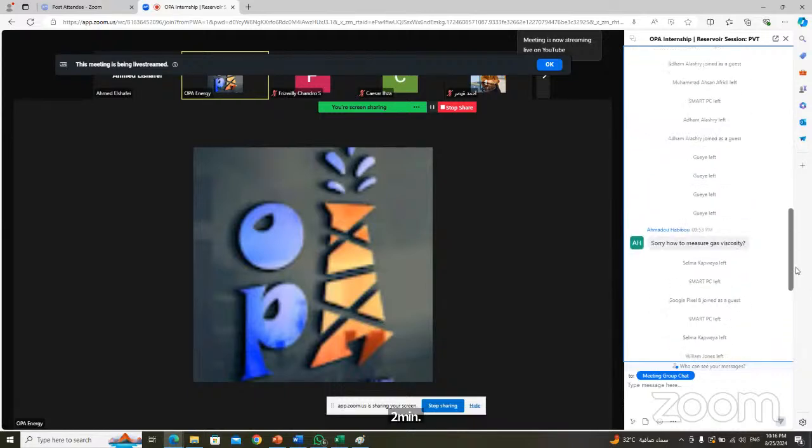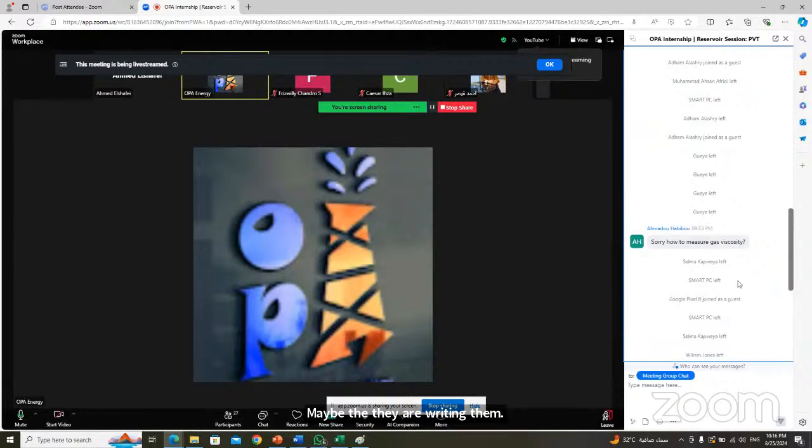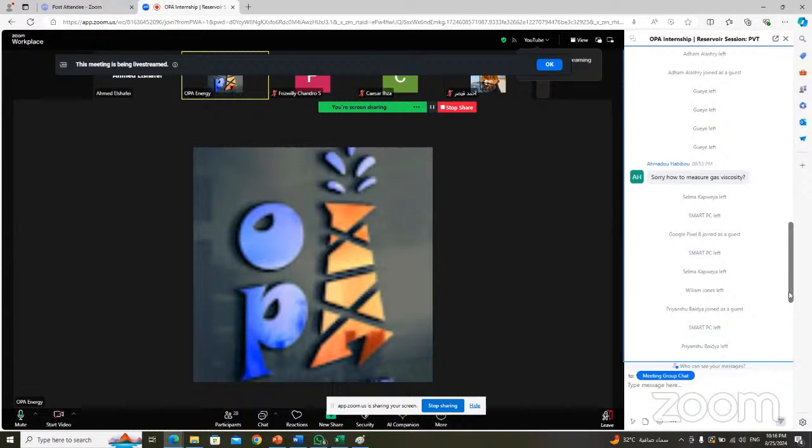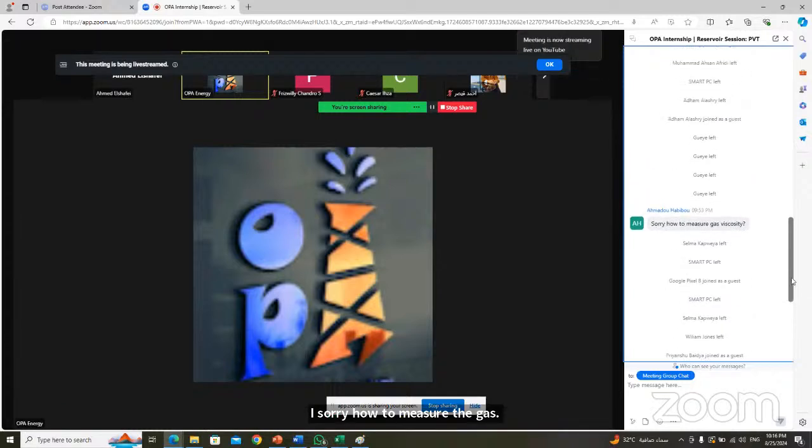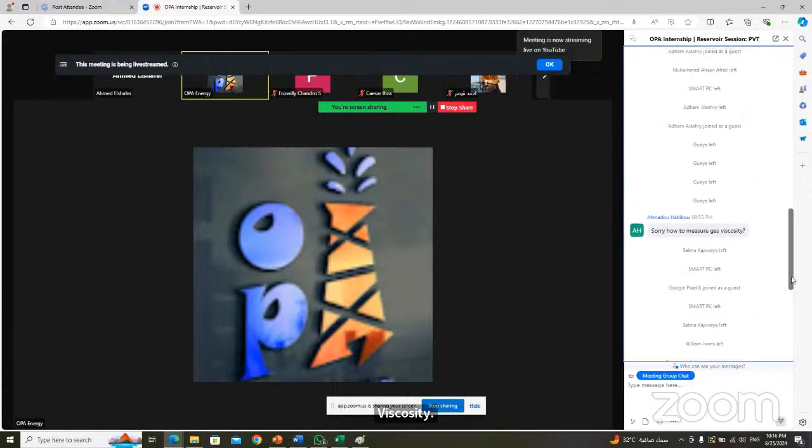I think there was a question here: how to measure the gas viscosity. For the gas viscosity, I'm not familiar with the procedures in the lab. It's measured in very few labs. In the industry, we rely on correlations.